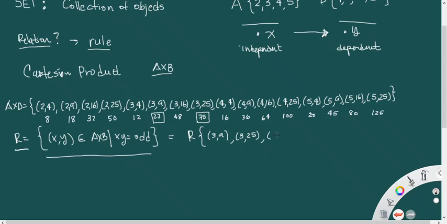What about 5, 9, this one? And 5, 25. So if we get the message, you will see that all these numbers here are odd numbers.